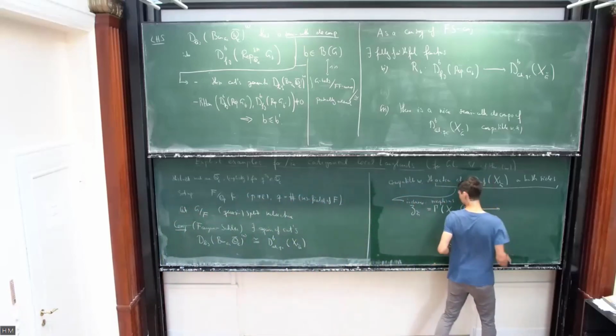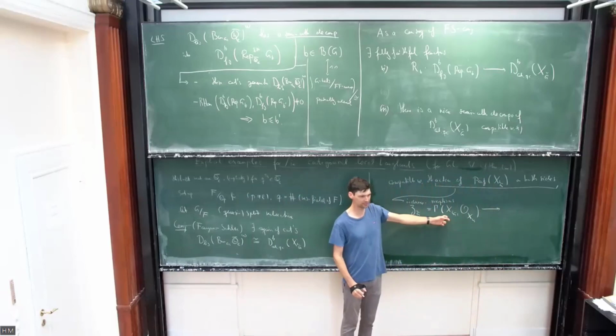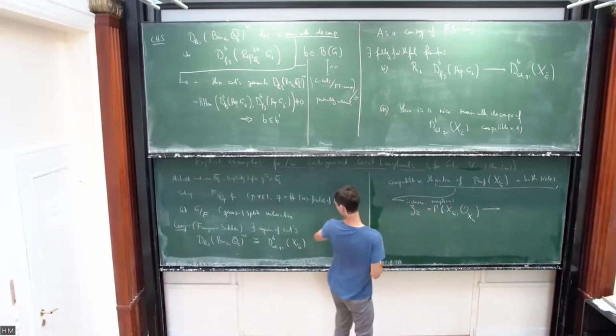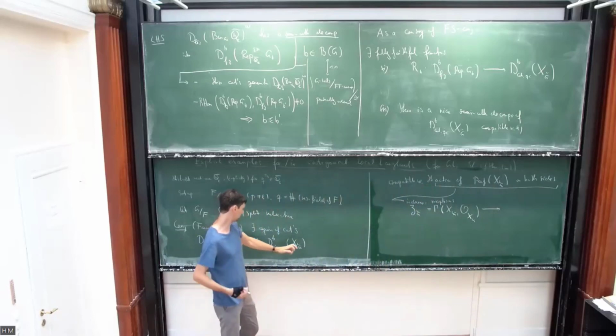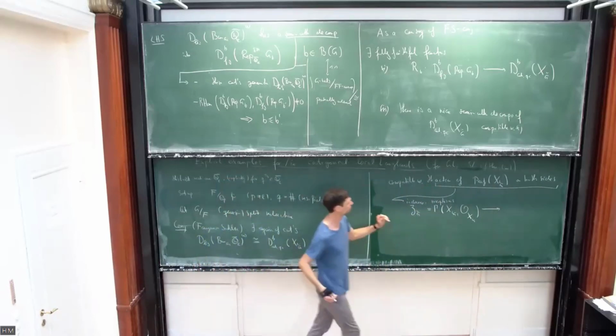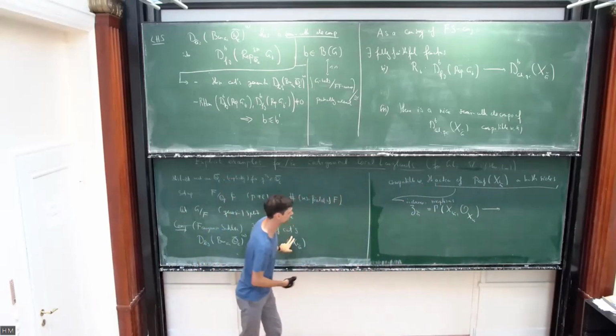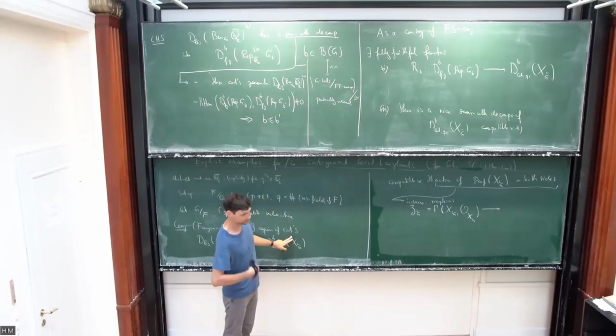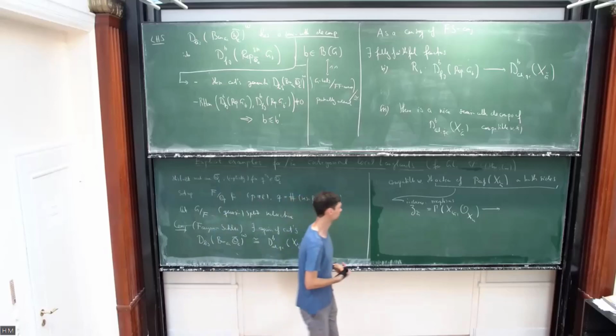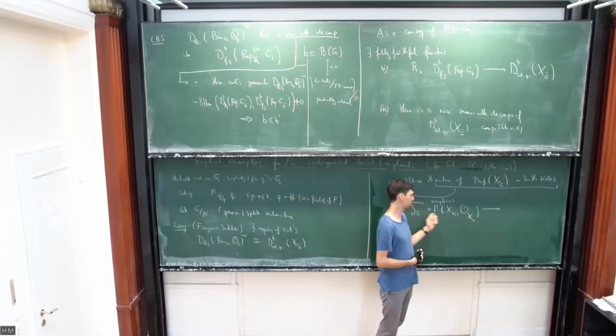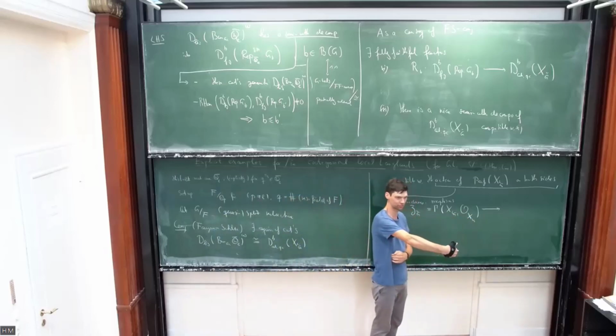Now that should be seen as the endomorphisms of the identity functor on this category. The identity functor is just given by tensoring with the structure sheaf, and hence every global section in here gives such an endomorphism.